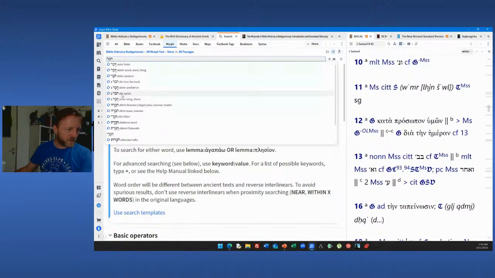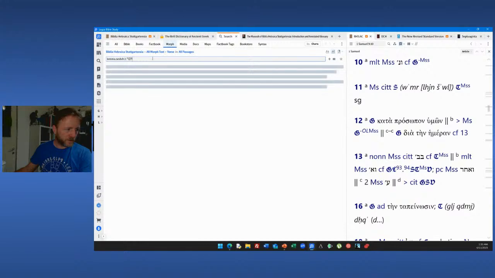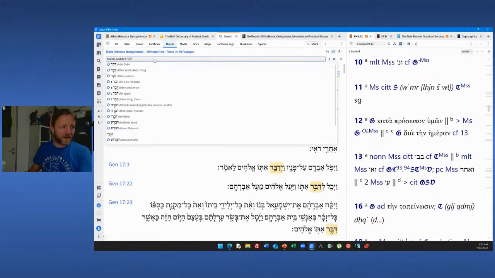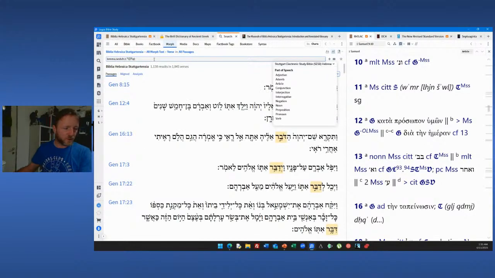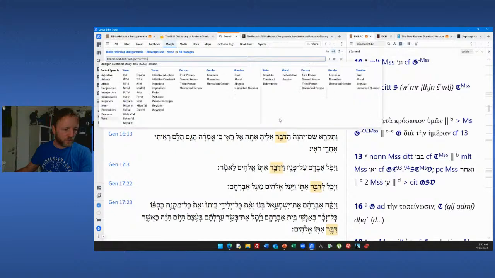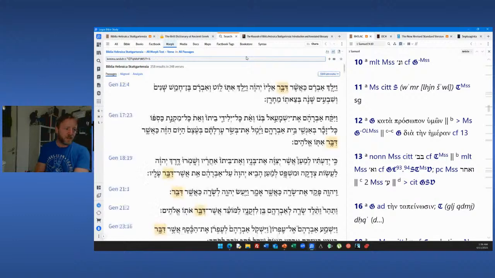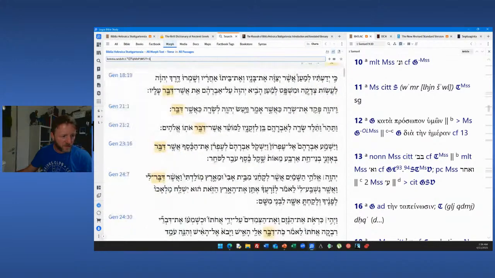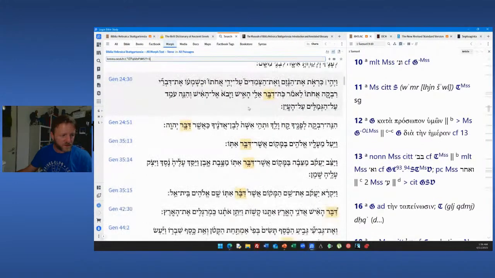Then we tell it it's a verb, and we want the piel perfect. If we want to be specific, we can say third masculine singular, hit enter, and it gives us the form diber. In pause at the end of a verse, diber with sere. That's the form of the verb.